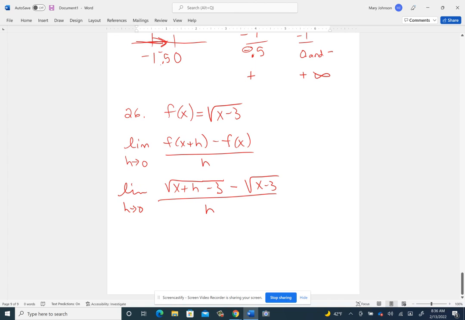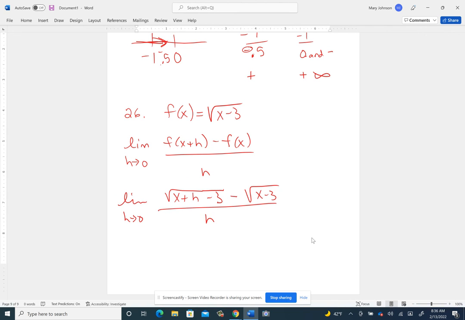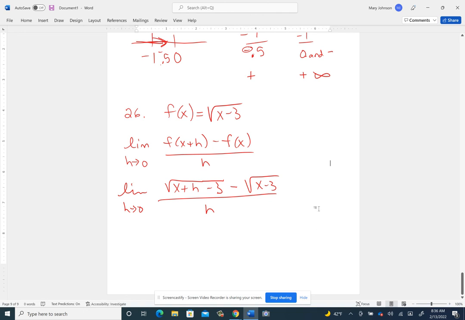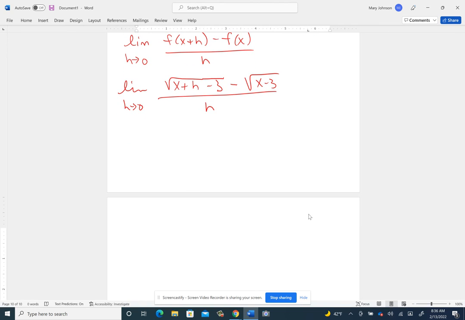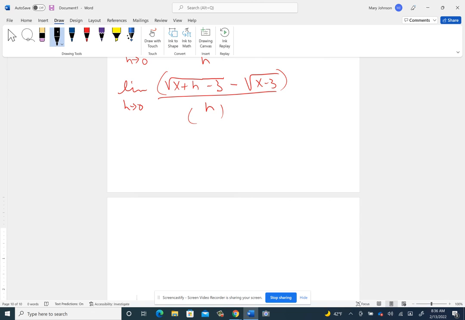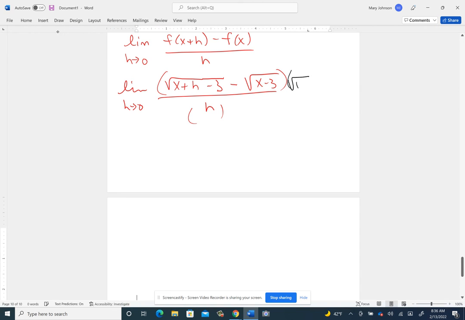All right, so this is the kind where you're going to have to rationalize the numerator. So I'm going to multiply top and bottom by the square root of x plus h minus 3 plus the square root of x minus 3. Do that top and bottom.